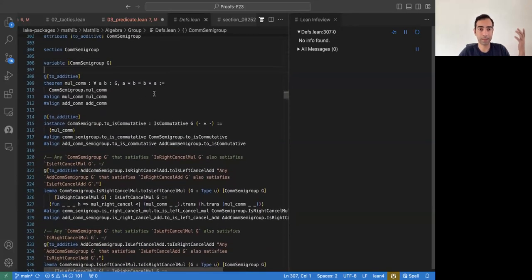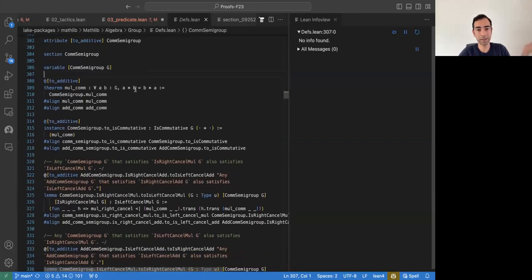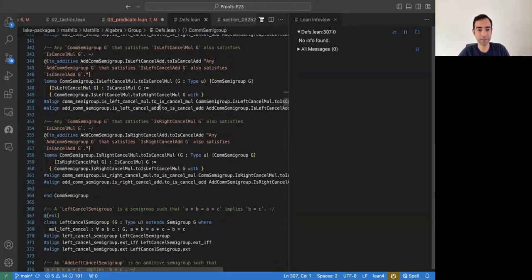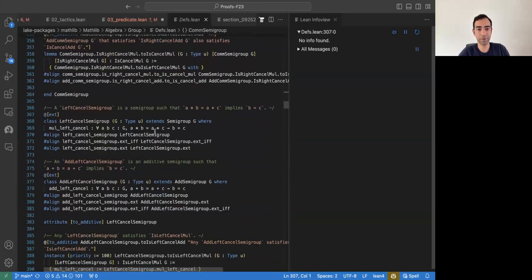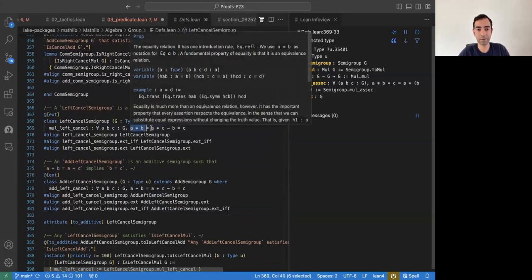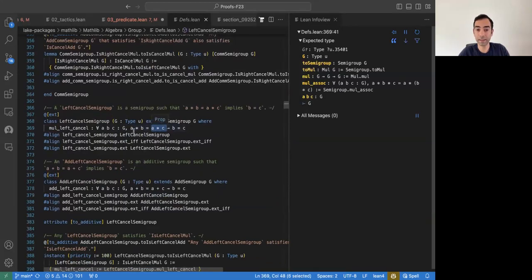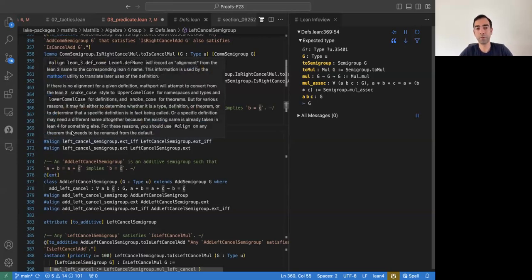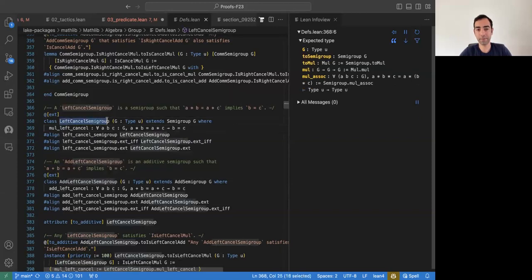So that's that. But here perhaps you find other relevant lemmas. For example, here's another lemma which says A times B equals A times C, and you can cancel A from both sides and get B equals C, right? Now, this is not true for any semigroup, but there are certain semigroups which are left cancellative, and for them this is true.